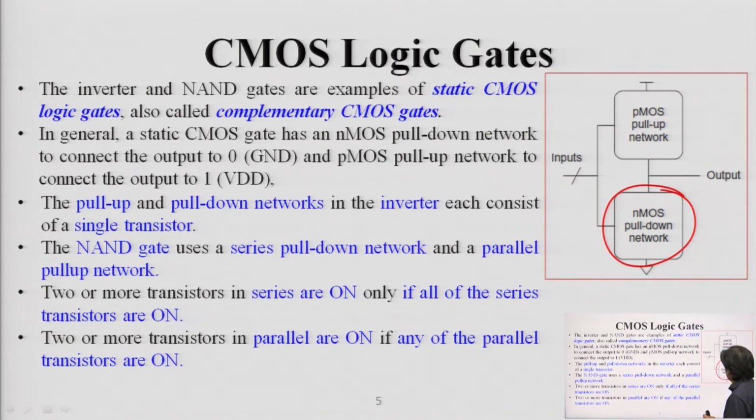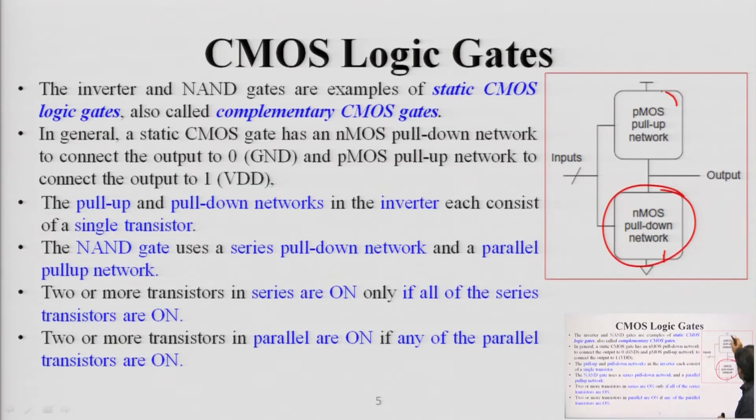In this pull down network we have a different number of NMOS either in parallel or in series, based on what logic you design. If you are designing a NAND gate, then the NMOS should be in series. If you are designing a NOR gate, then the NMOS should be in parallel, clear.